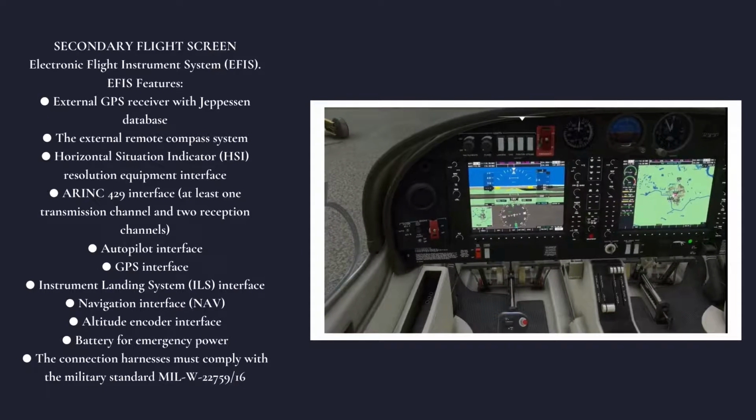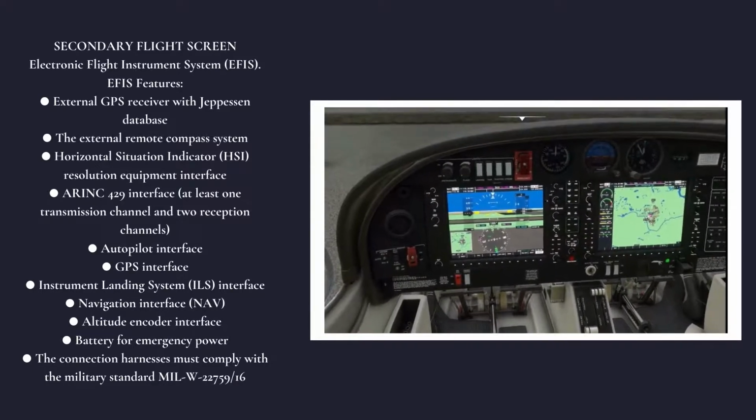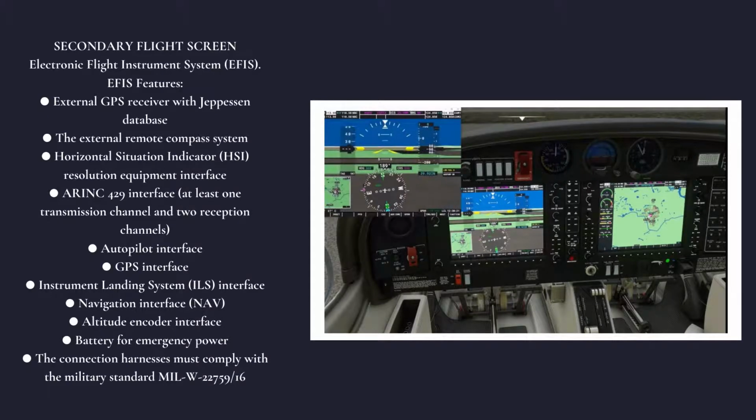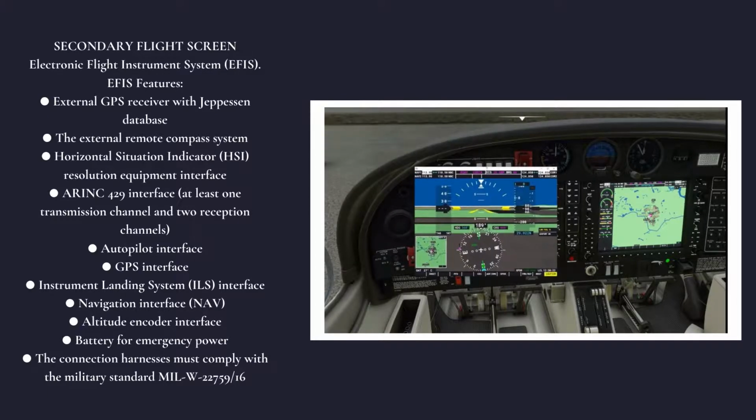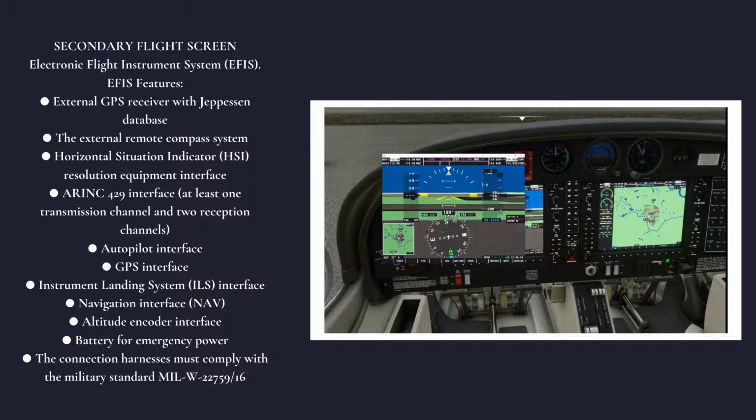The EFIS includes an HSI display that shows heading indication, heading deviation, vertical direction, track over the ground, ground speed, altitude, distance to waypoint, to-from indicator, the descent path indicator, and descent path signal.